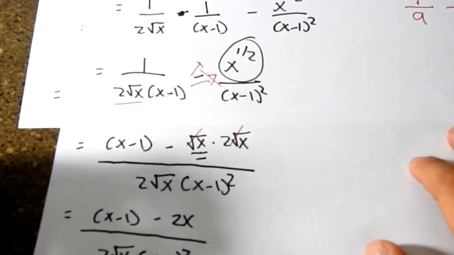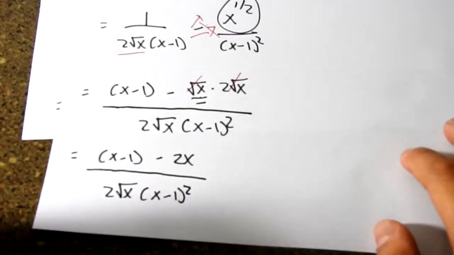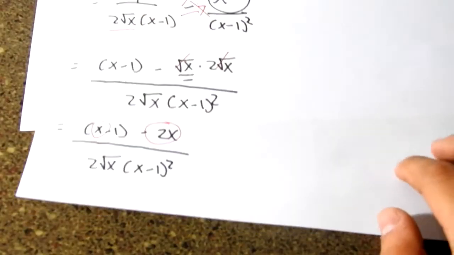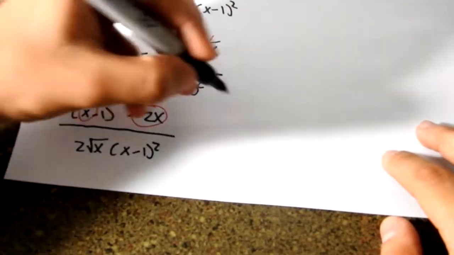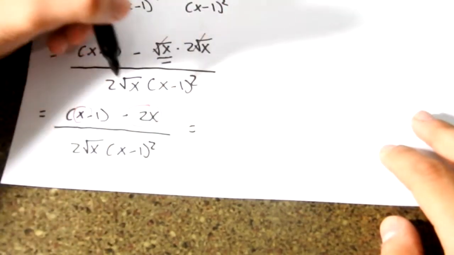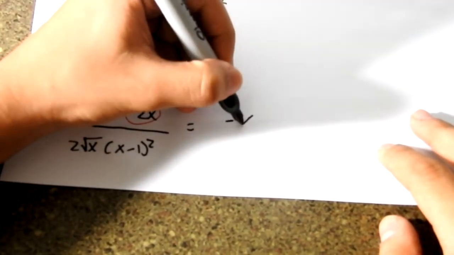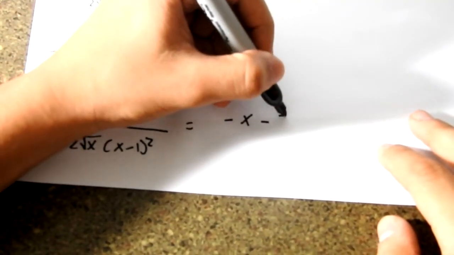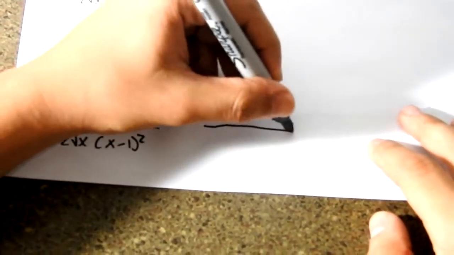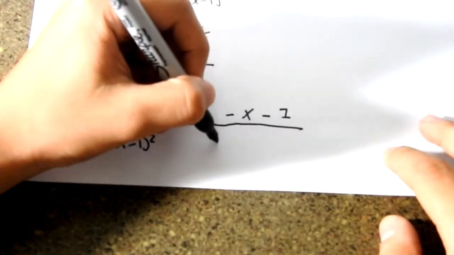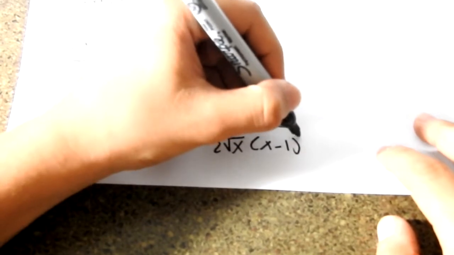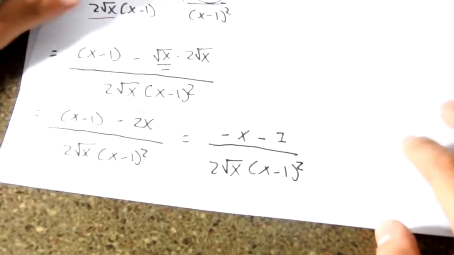Now we can combine like terms over here. We have x minus 2x. So it's going to be minus x, and then we have the minus 1 over here. So we have minus x minus 1 over the same denominator, 2 square root of x minus 1 squared. And now at this point we have the answer.